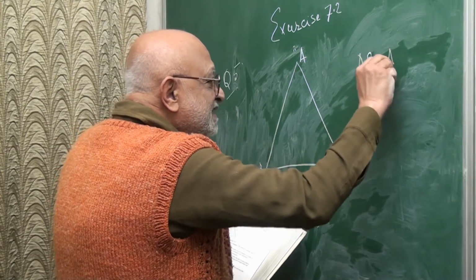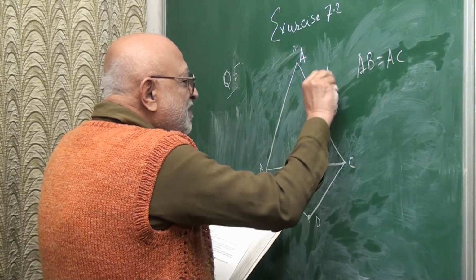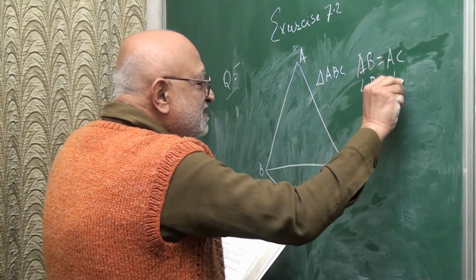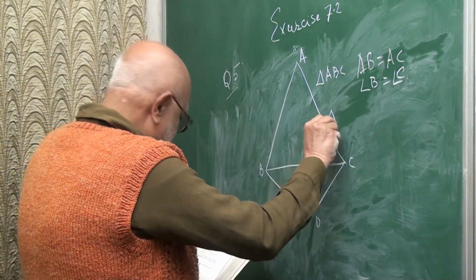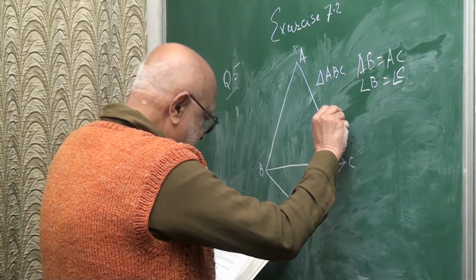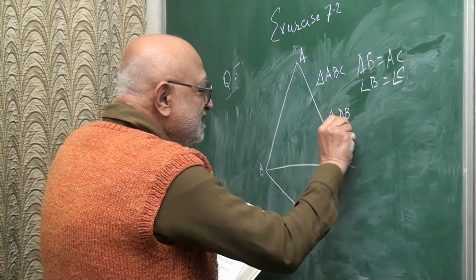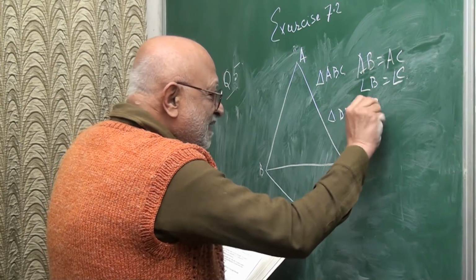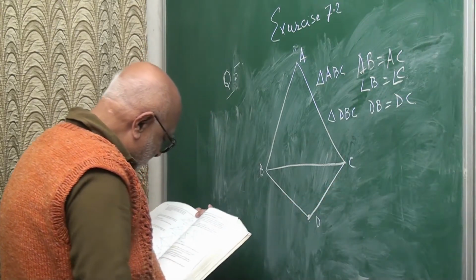AB equal to AC from this triangle ABC, and angle B equal to angle C. Similarly, from triangle DBC, it should be written like that. DB equal to DC.